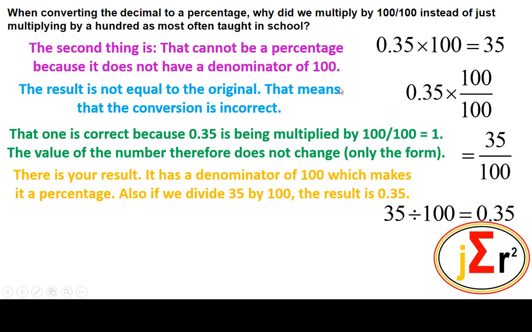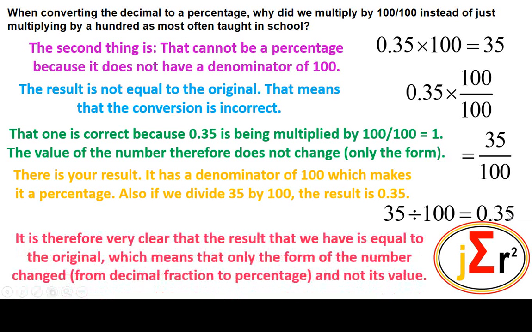As we have it right there, we are back with our 0.35. Therefore, the value did not change. It is therefore very clear that the result that we have is equal to the original, which means that only the form of the number changed from decimal fraction to percentage, and not its value.